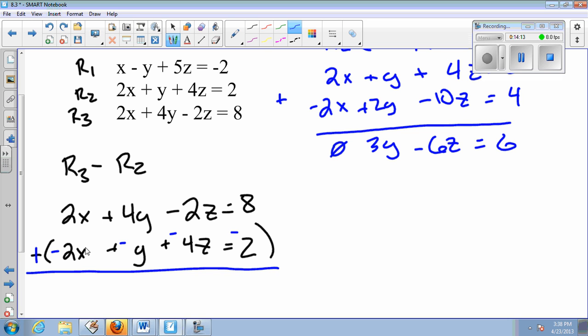We're going to get the x's to cancel. 3y, negative 6z equals 6.